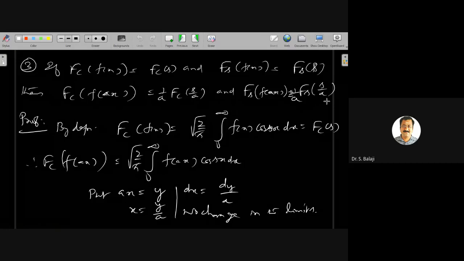This is the change of scale property. Already you studied the same idea in the Fourier transform.